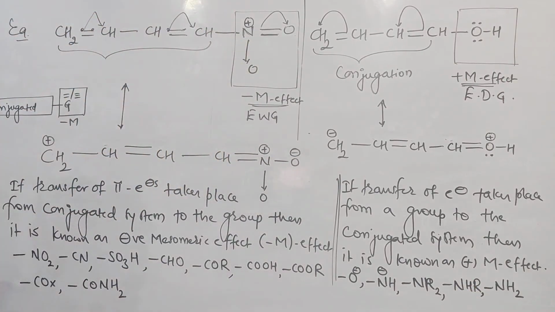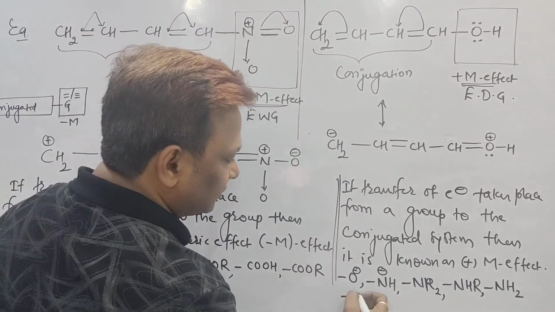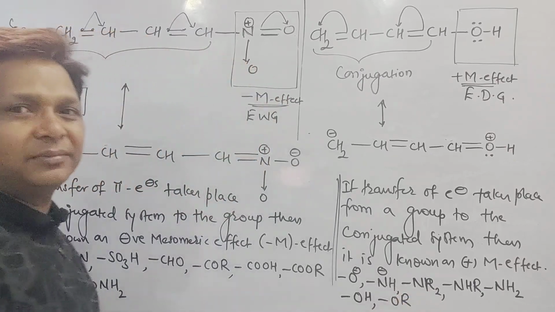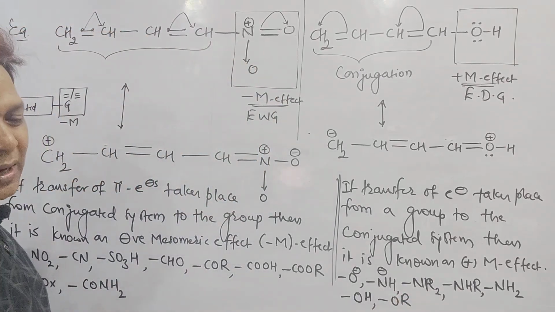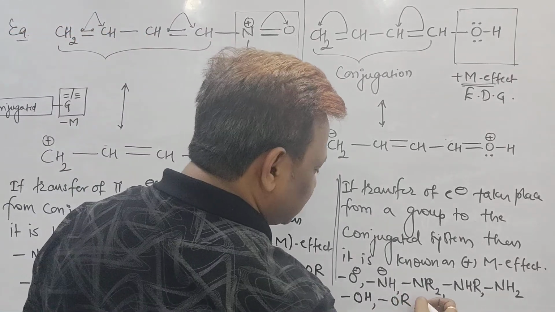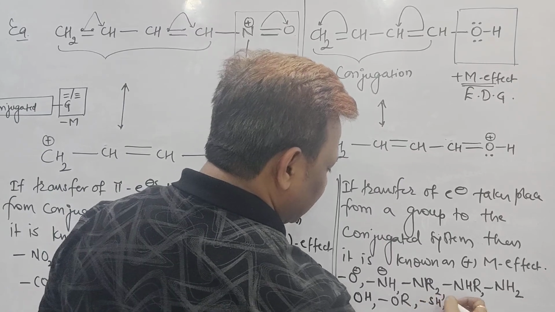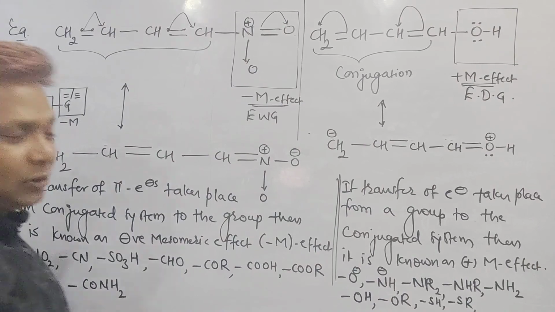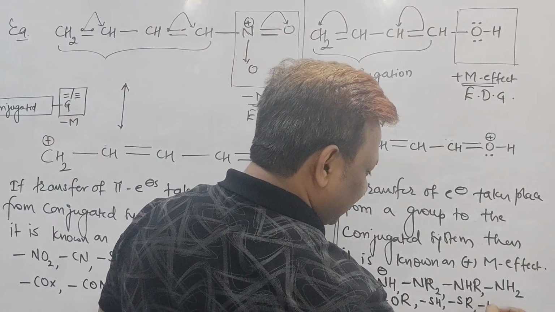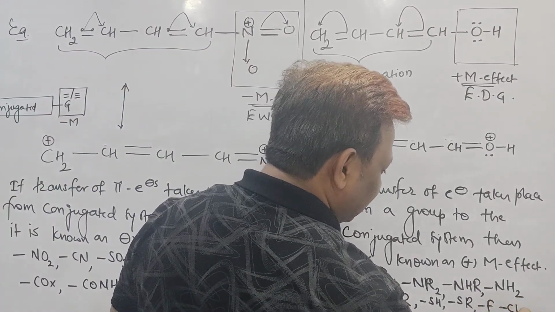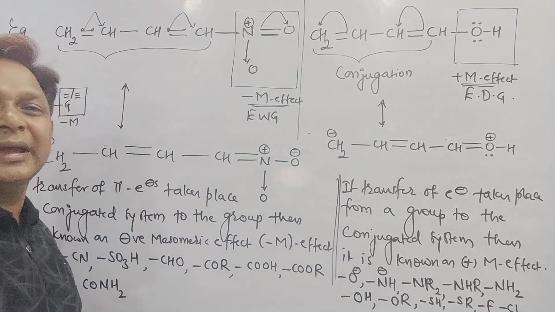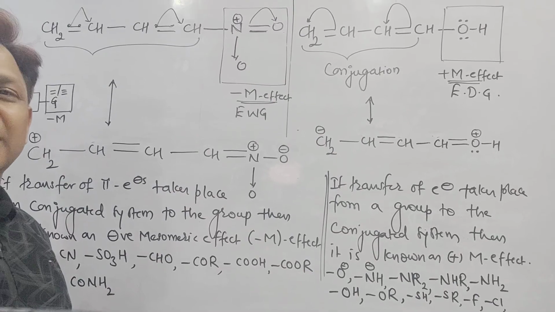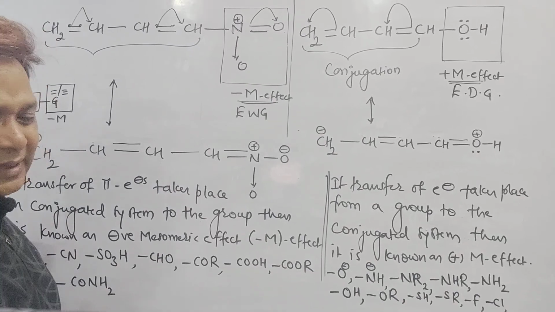After that, in the nitrogen family, we can say OH plus M, OR plus M, even SH plus M, SR plus M. Fluorine, chlorine, because they have lone pairs.